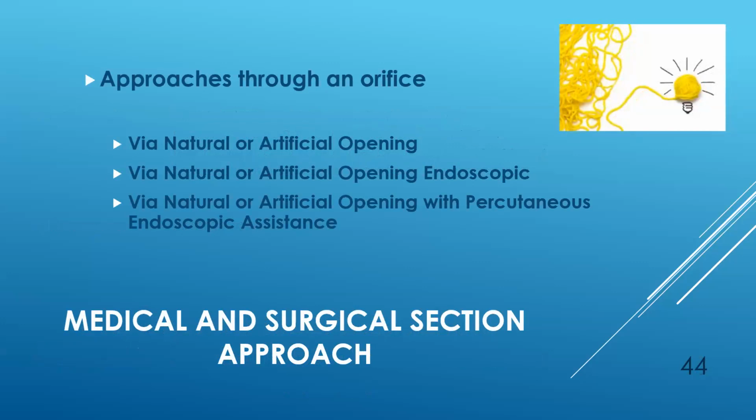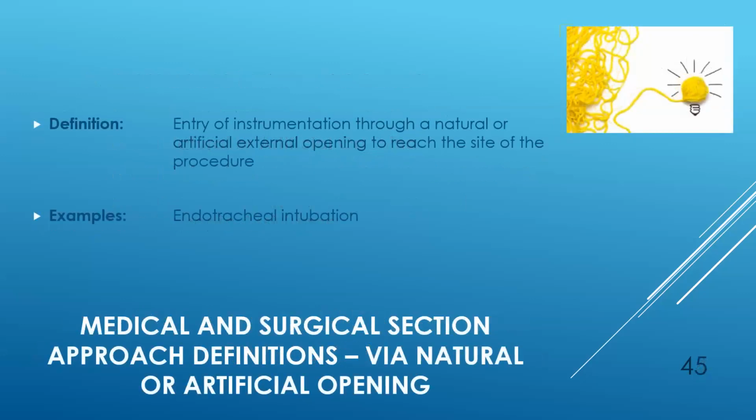Approaches through an orifice, either via natural or artificial opening, via natural or artificial opening with a scope, and via natural or artificial opening using a needle and the scope. Next. And obviously some of these wouldn't apply to every section, but even like a transbronchial biopsy of the lung, that would be via natural orifice with the scope, endoscopically.